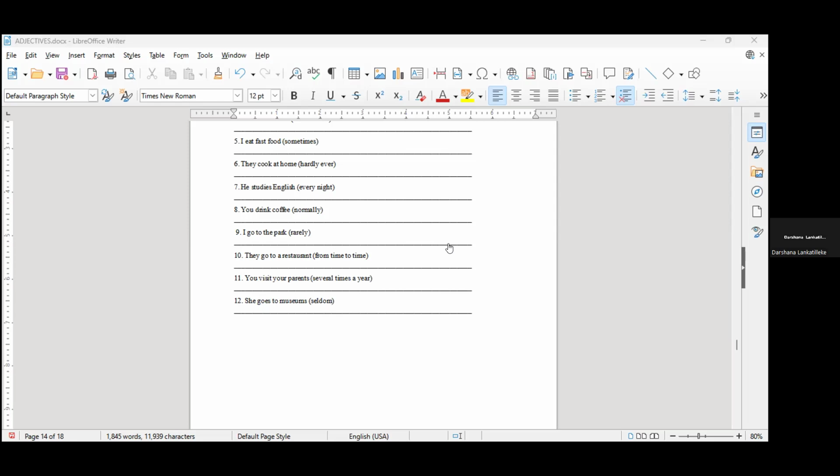Then number 11, you visit your parents several times a year. So that is also a time adverb. You can put it at the end, right? You visit your parents several times a year. Okay. And the last one, she goes to museums seldom. Seldom is a frequency adverb, so you can put it in between she and goes.